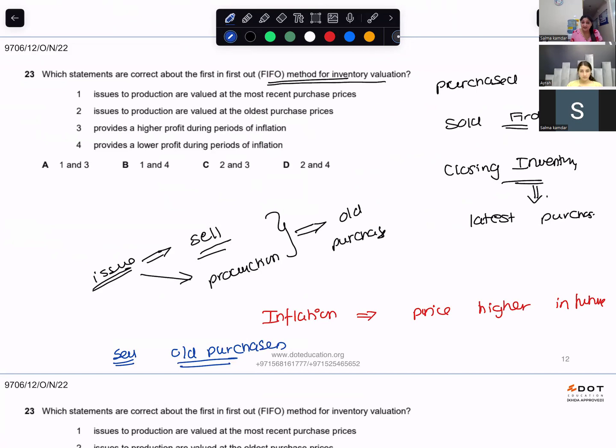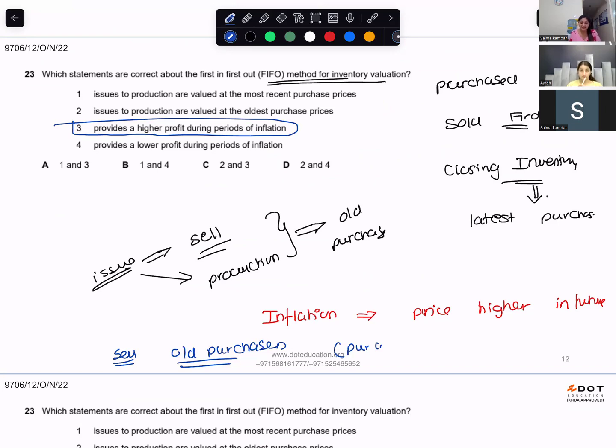I am going to sell something that I have purchased initially, that means I had purchased at a lower price. So when I am doing FIFO method of inventory valuation, it provides a higher profit during inflation. And in LIFO method, it provides a lower profit during inflation.